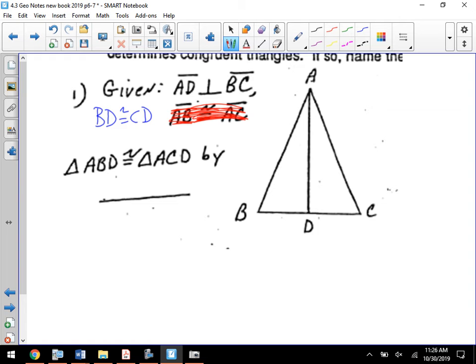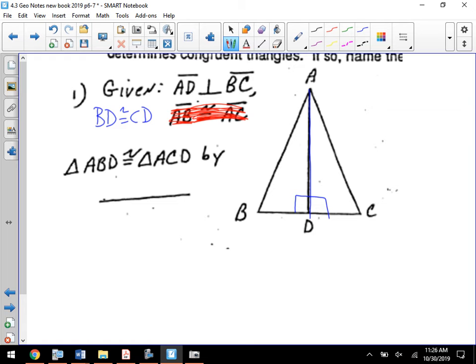Now, with this style of proof, we're not doing the 2-column proof, but you'll notice you have a given statement that has a progression. When you're given something that's perpendicular, what happens? 90-degree angles, right? What do you know about 90-degree angles? They're all the same, right? So what we do is AD's here, BC's here. We know that we have the 2 right angles that are formed. So we'd mark it. What else is given to us?